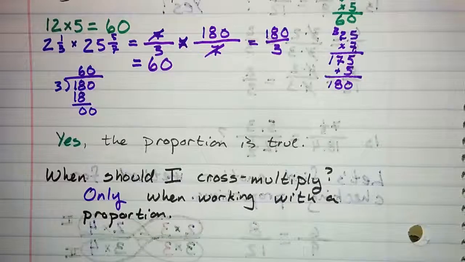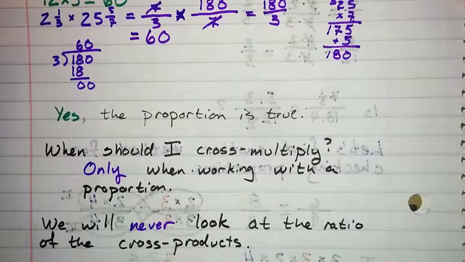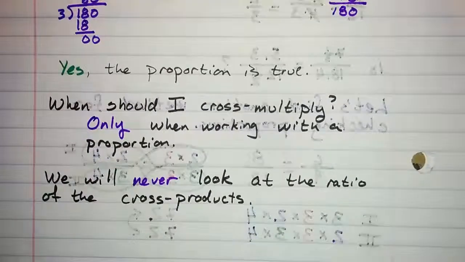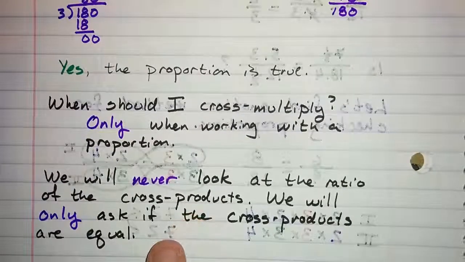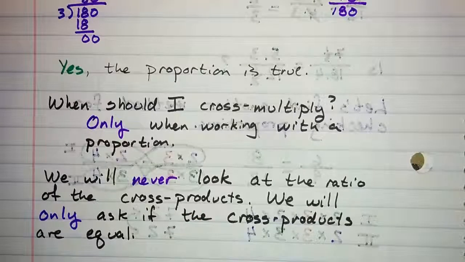Also, we will never, ever, under any circumstances, look at the ratio of the cross products. The only thing we will ever do with the cross products is try to see if they're equal. So, never look at the ratio of the cross products. Only write down the cross products and see if they're equal.